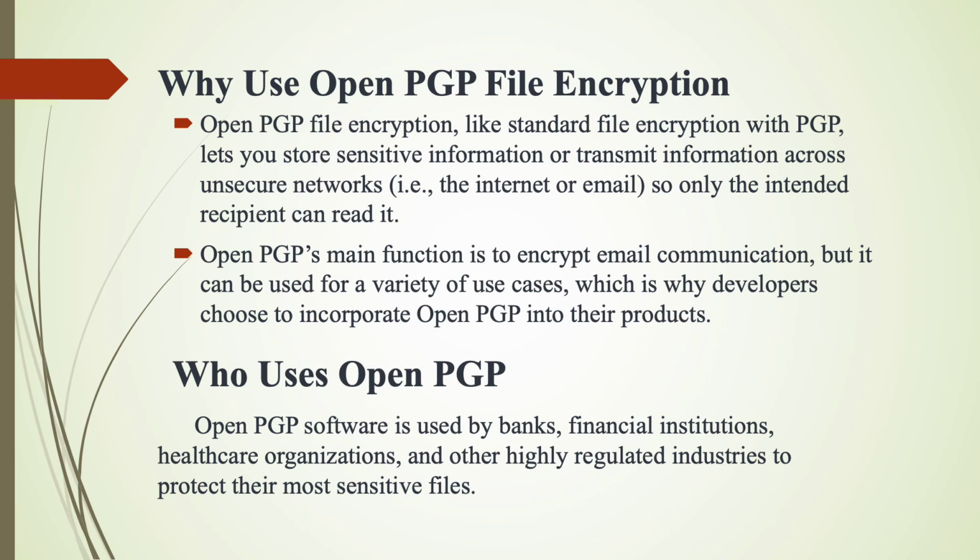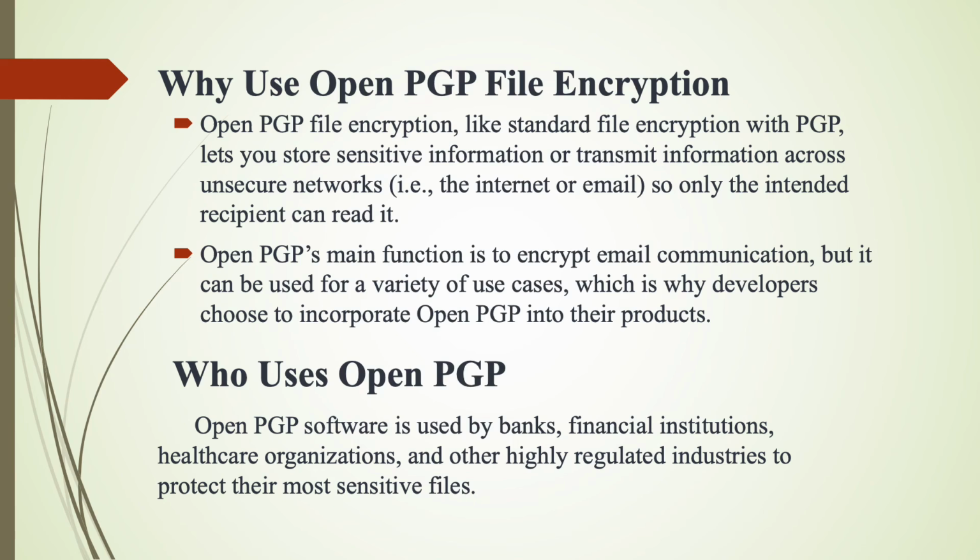Why use OpenPGP file encryption? OpenPGP file encryption, like standard file encryption with PGP, lets you store sensitive information or transmit information across insecure networks, so only the intended recipient can read it.